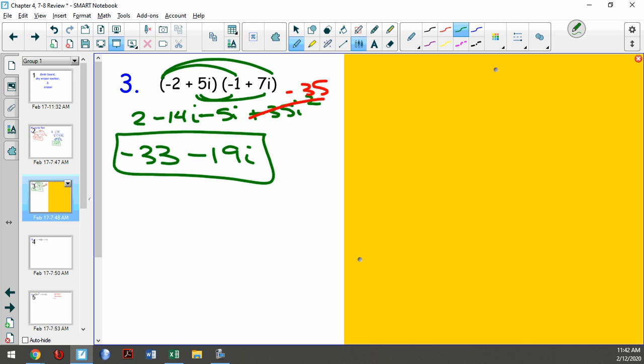Do we understand that? Are you good? What do you not understand? These are FOIL. They're attached by multiplication.